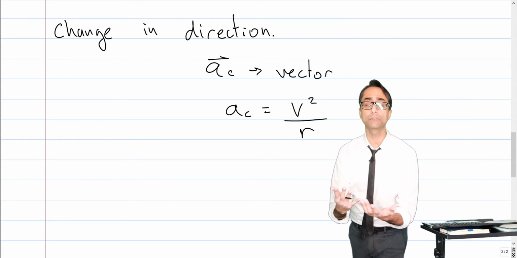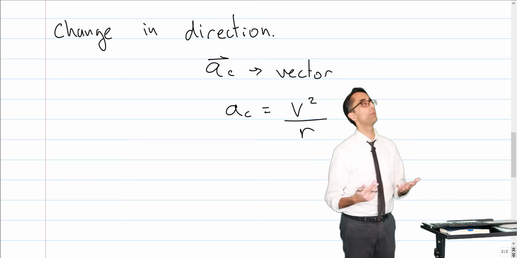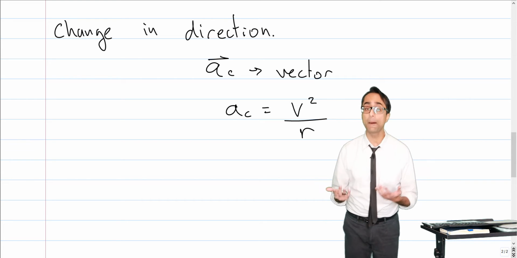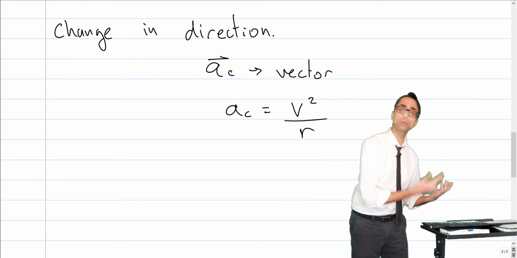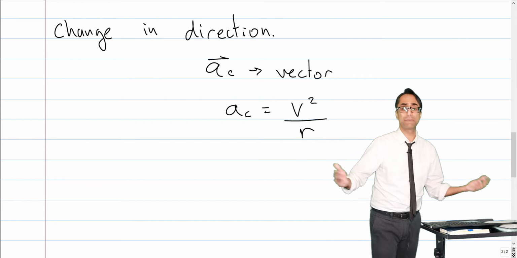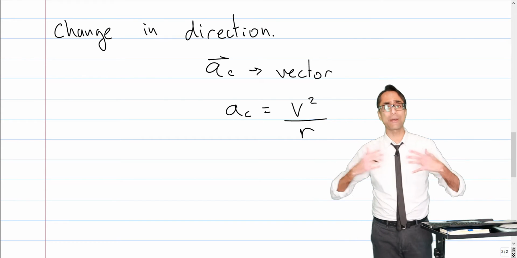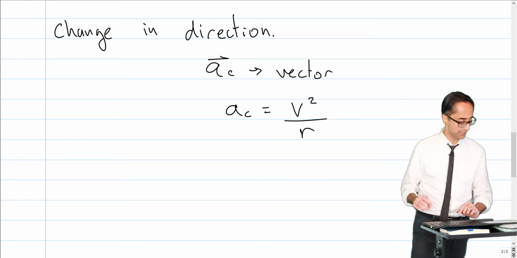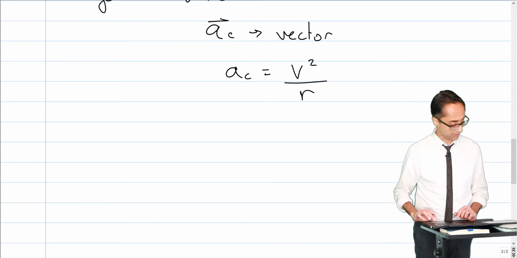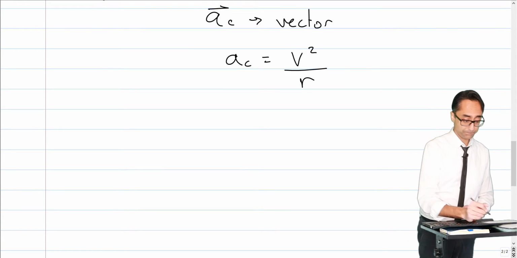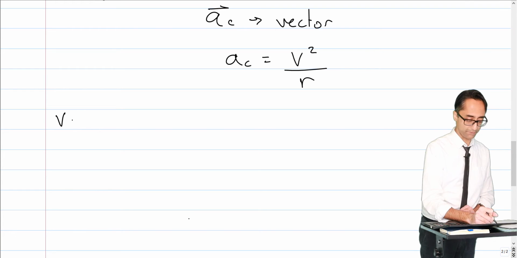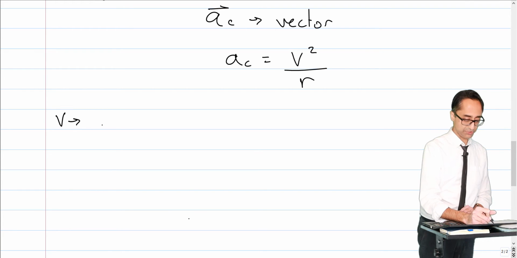The real question becomes, what happens when we are speeding up going around the circle or slowing down going around the circle? Am I going to have two different types of acceleration? How do I handle those accelerations? Those questions are going to be answered going forward. And so here we're saying that v is our instantaneous velocity, as it's always been.